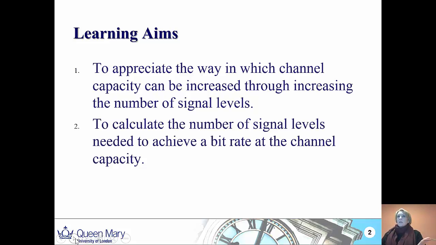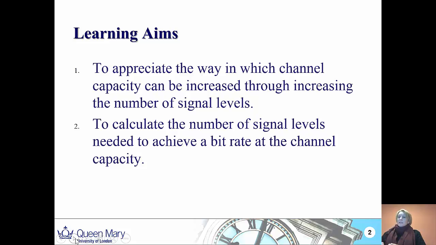And we'll also be looking at how to calculate the number of signal levels which we need to use in order to achieve a certain bit rate at the channel capacity. If you remember back to week 1, where we talked about the Shannon theory for calculating channel capacity, this took into account both the bandwidth and the signal to noise ratio.